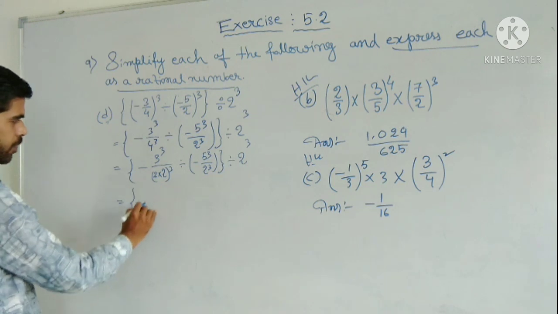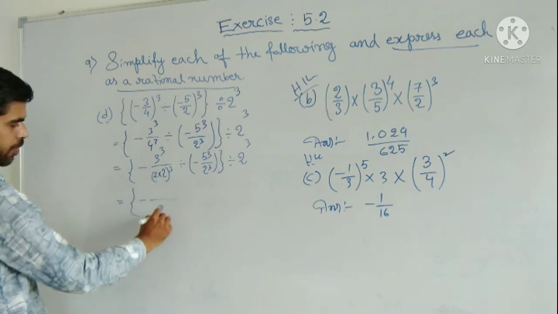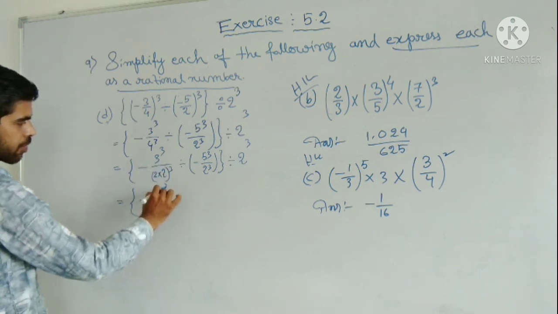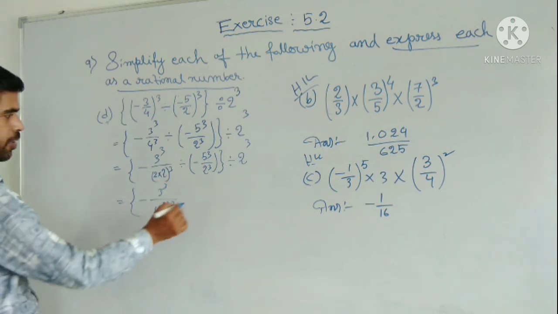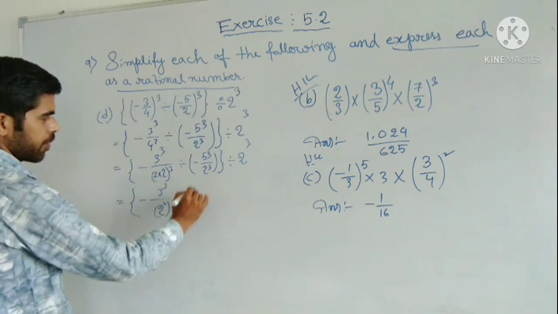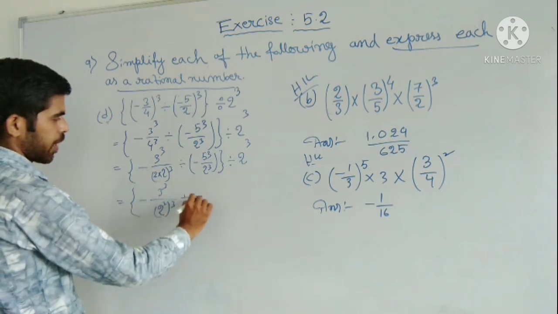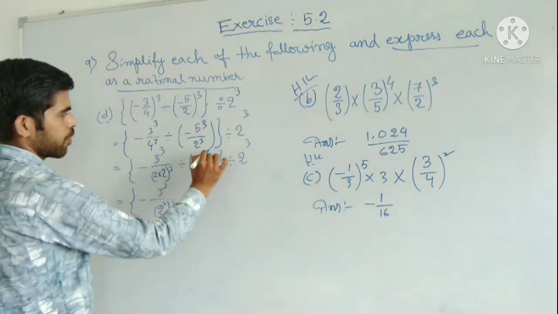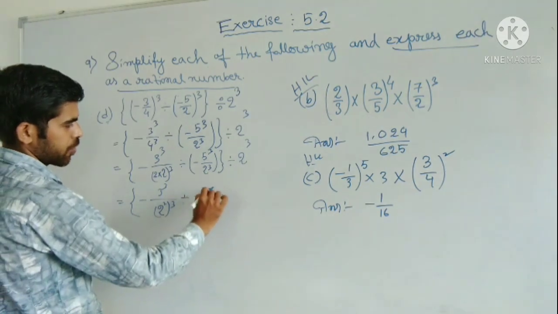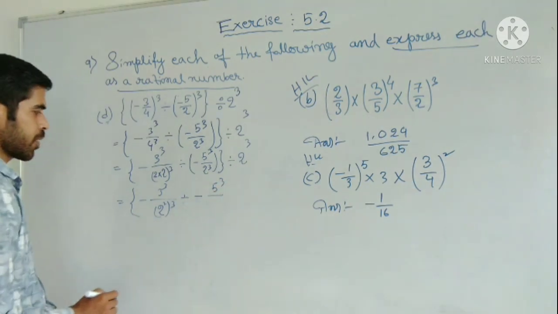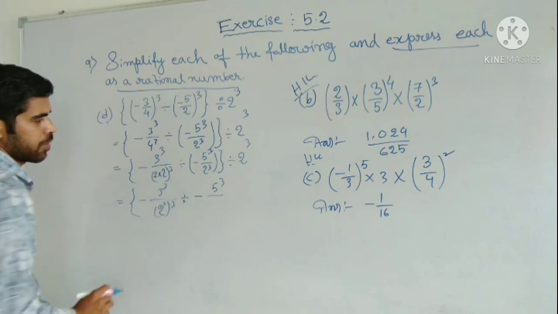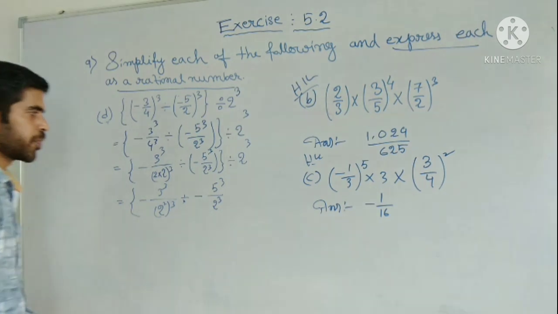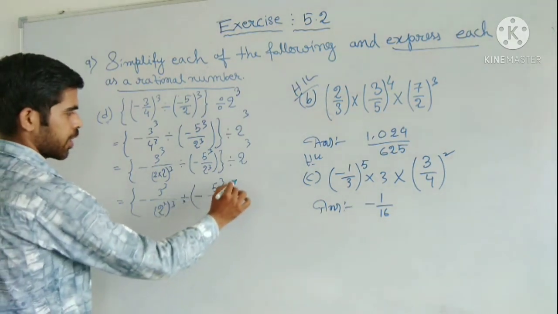Now this one you can write as 2 square, and above it is cube, so their exponent is 3. Now same, this one is minus, and this will be 5 cube, not 553, so it is 5 cube, and this one will be 2 cube. They are minus signs, so again you give a bracket.